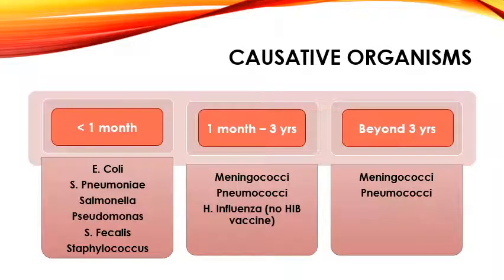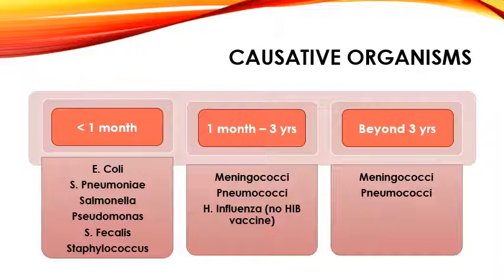Now coming on to causative organisms. We have divided it into three. Below 1 month, that is, in newborn period, the common organisms for meningitis are E. coli, Streptococcus pneumoniae, Salmonella species, Pseudomonas aeruginosa, S. faecalis and Staphylococcus.